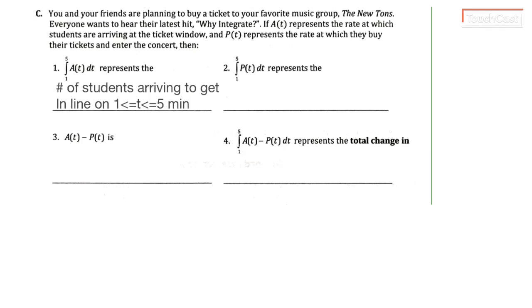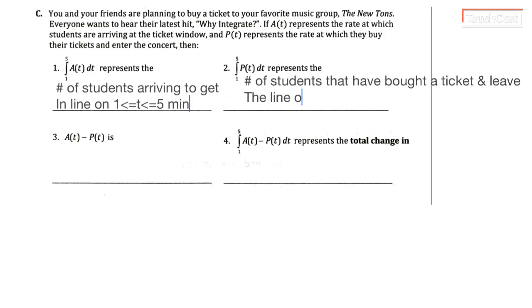Then here in part 2, the integral from 1 to 5 of P of t with respect to t represents the number of students that have bought a ticket and leave the line on the interval from 1 to 5 minutes.